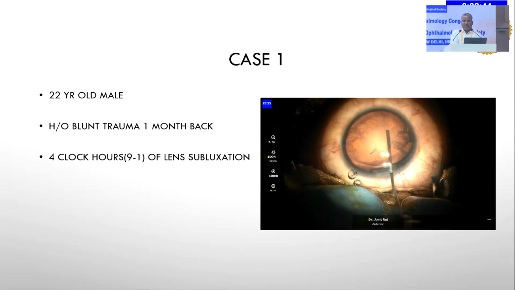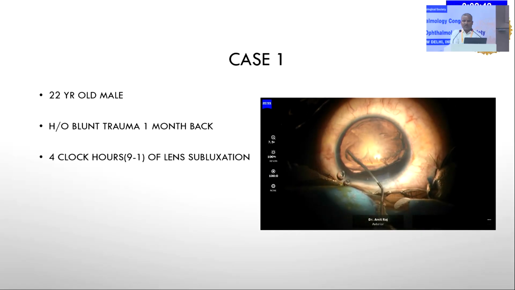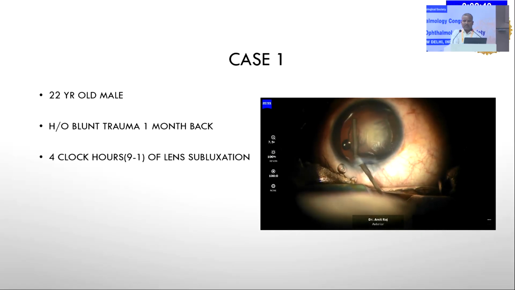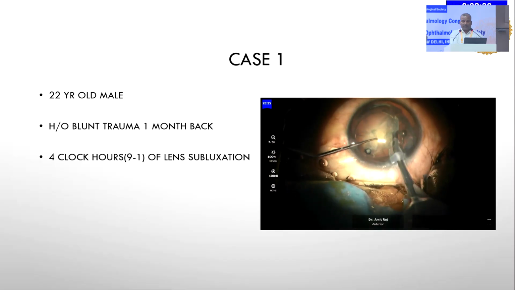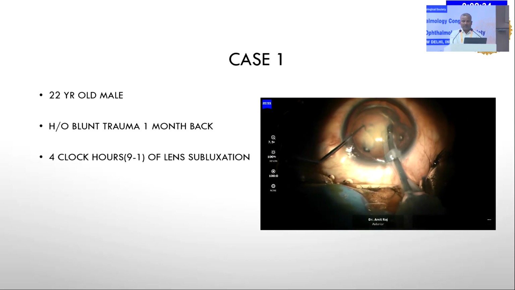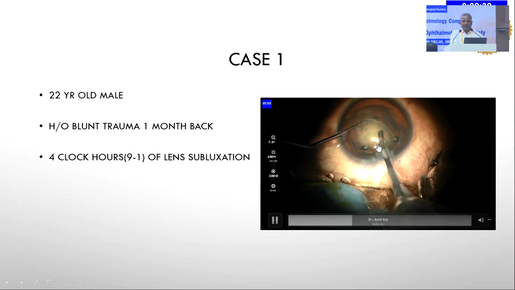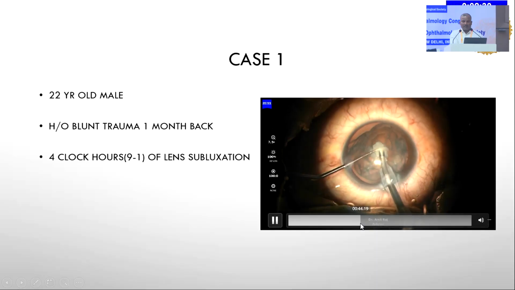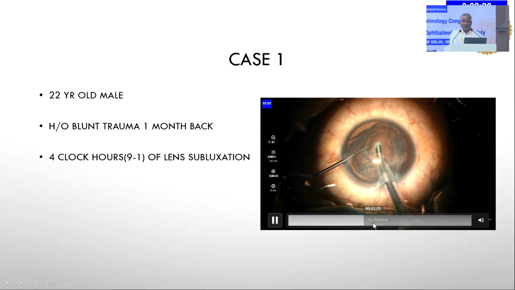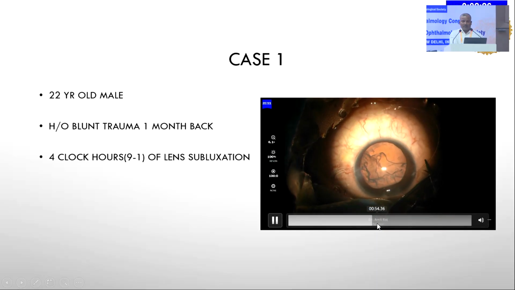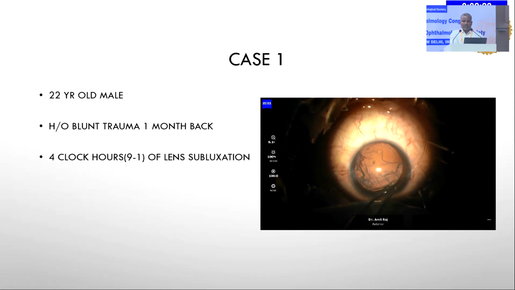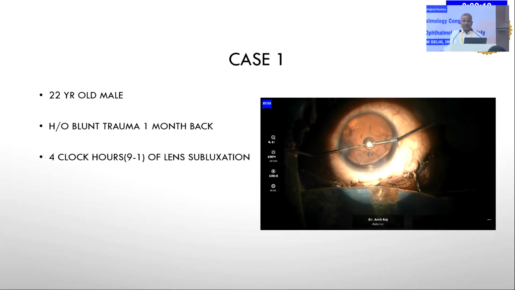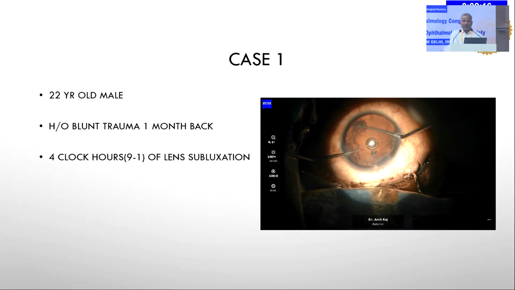In this case, the media was fairly clear, so that is why gentle hydrodissection and hydrodelineation was done. At this stage, the bag was lax, so a CTR was implanted, and one should avoid implanting from the main port.